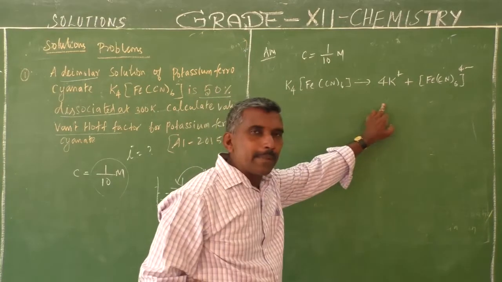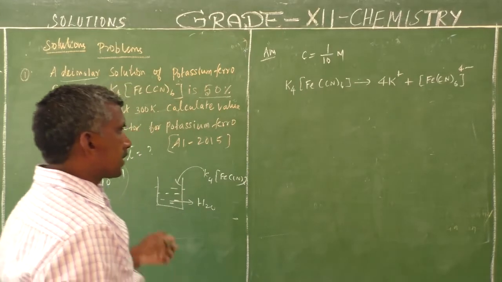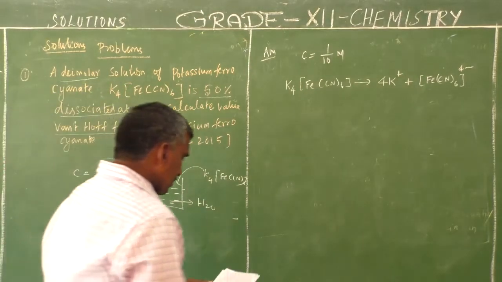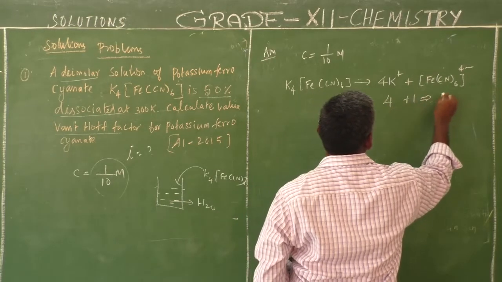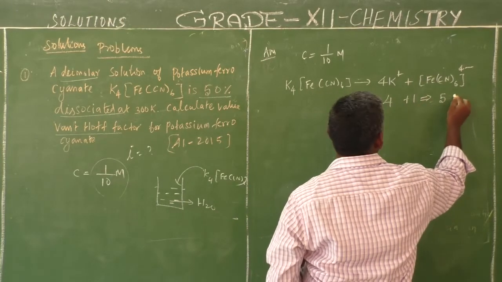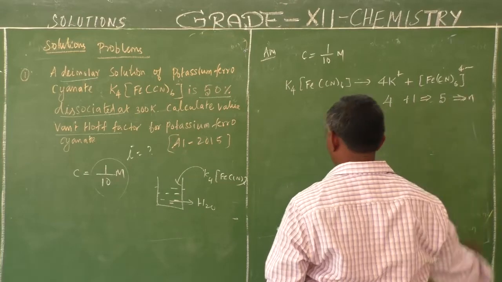That is 4 moles of K plus ion and 1 mole of [Fe(CN)6], total 5 moles. This is N. You think about N, not I.